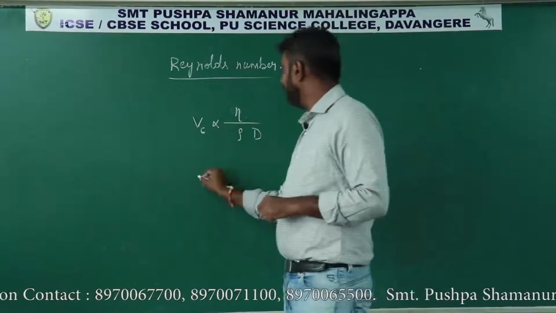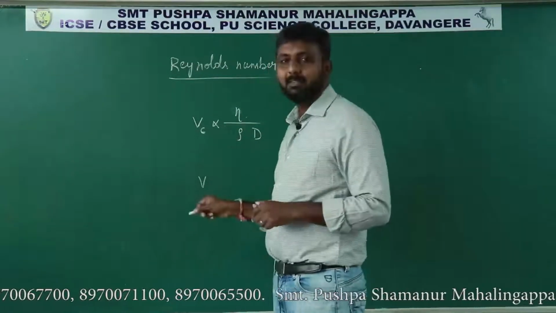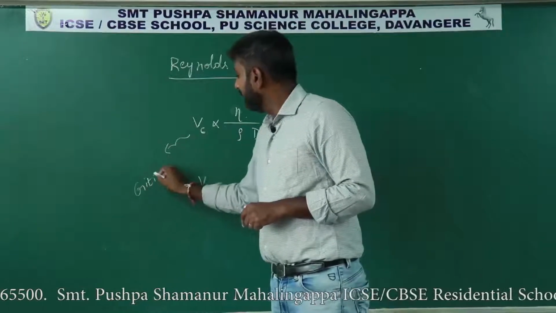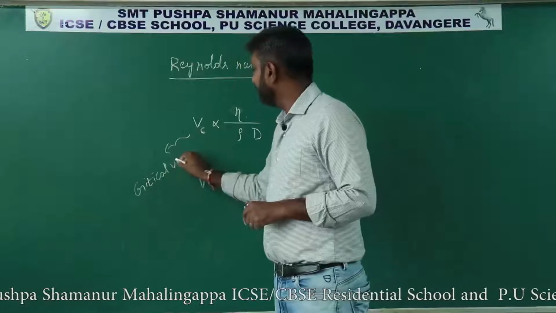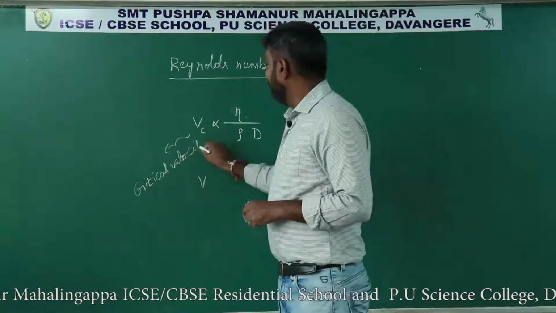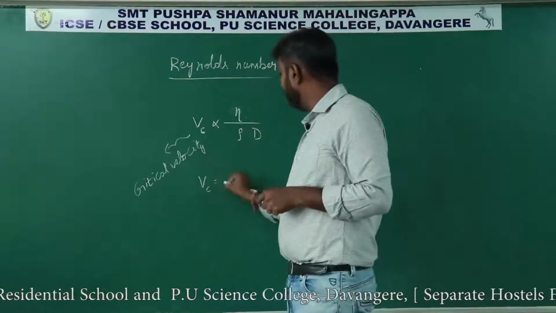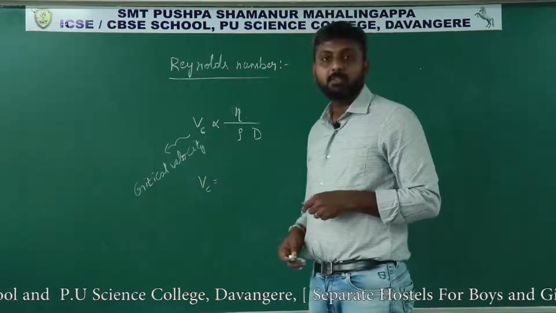On these factors the critical velocity will depend. And here, to remove the proportionality, this Vc is nothing but critical velocity. Vc equals to, we have to write some proportionality constant, right?